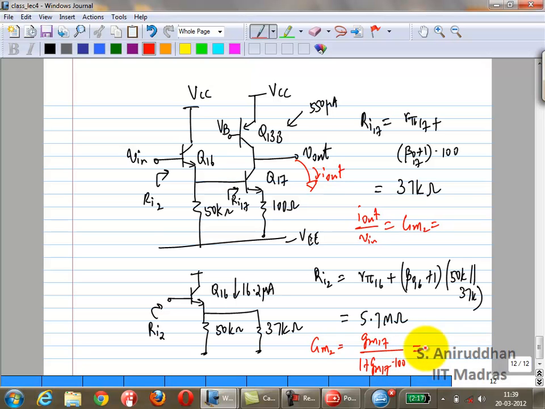Can somebody calculate this? What is it? 6.8 millisiemens. Okay.